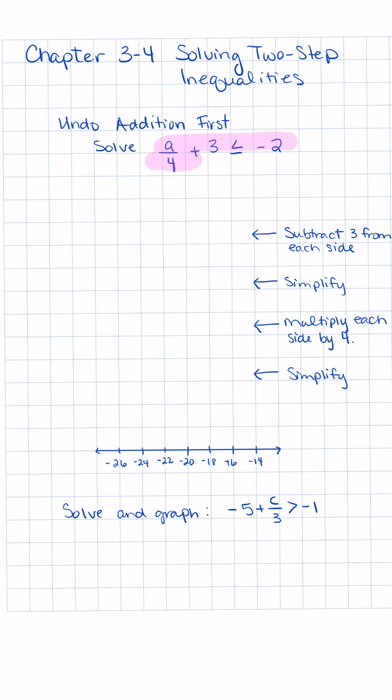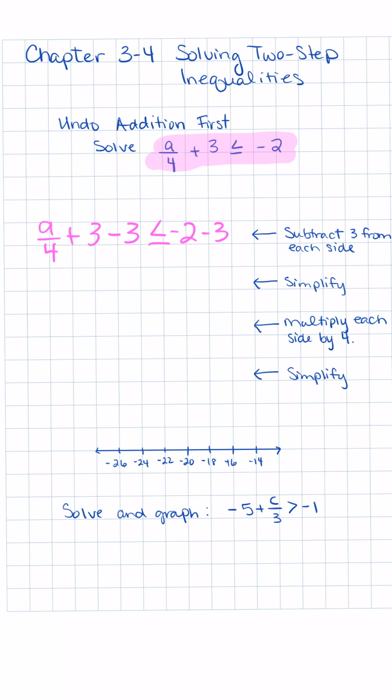A over 4 plus 3 is less than or equal to -2. So first, we want to subtract 3 from both sides. So we have A over 4 plus 3 minus 3 on one side and -2 minus 3 on the other.